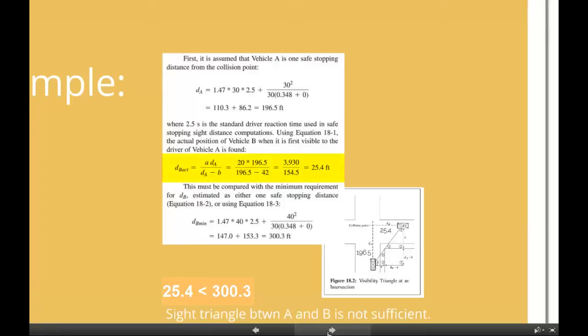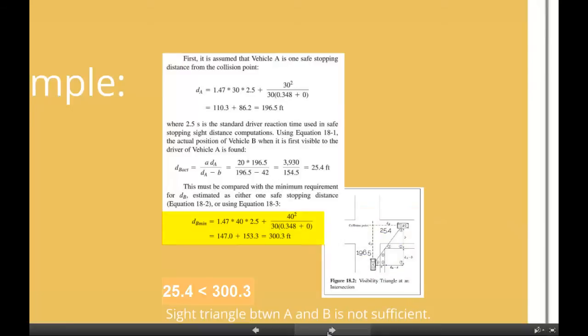Step 2. Use the visibility triangle to compute the actual position of B when first visible to A. dB actual is computed here to be 25.4 feet. That means that with A 196.5 feet from the collision point, B doesn't come into view until B is 25.4 feet away.